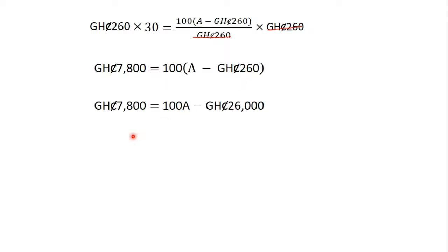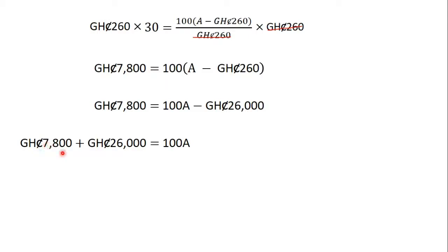We open the brackets. You are going to have 7,800 Ghana cedis is equal to 100 times A, which is 100A, minus 260 Ghana cedis times 100, which is going to give us 26,000 Ghana cedis. We group like terms, so you send this term over to this side.